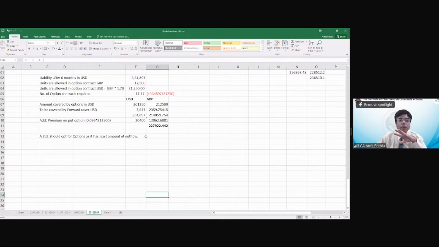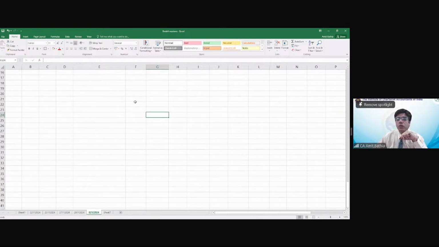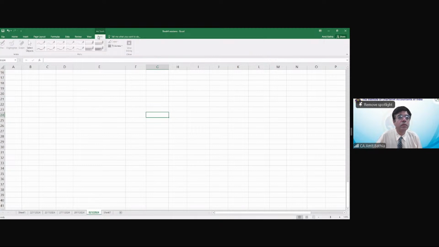Are we all through with this? Right? Okay, now let's go to swap. How does a swap work basically? So what is the meaning of swap first of all?